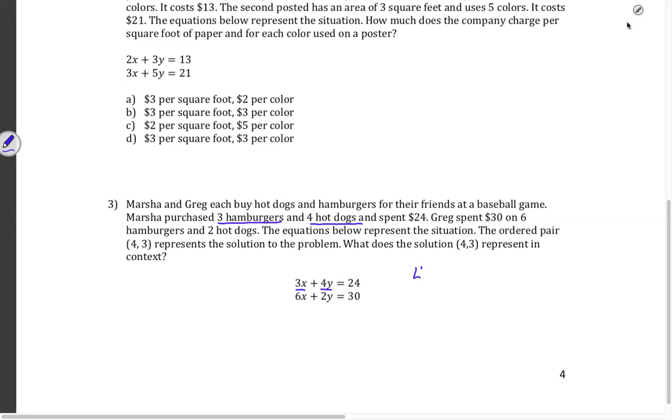So this means $4 per hamburger and $3 per hot dog. So there was no work to be done there.